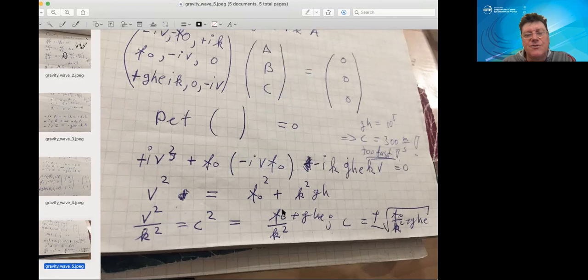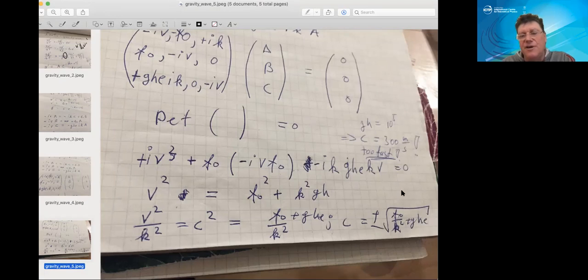And that is equal to f naught divided by k squared plus g times the height of the system. So what we get, if we take the square root of this, is essentially that the phase velocity in x direction is plus or minus the square root of f naught divided by k squared plus g times the scale height of our system.